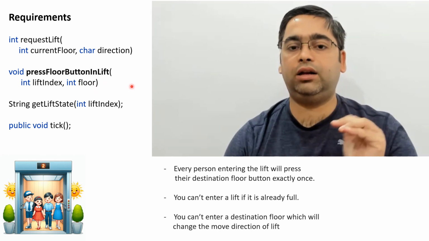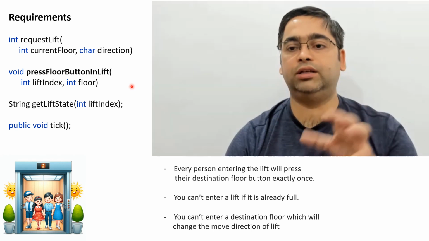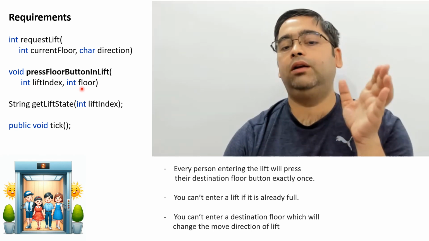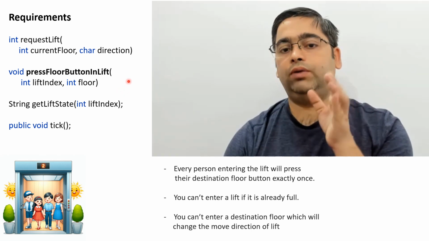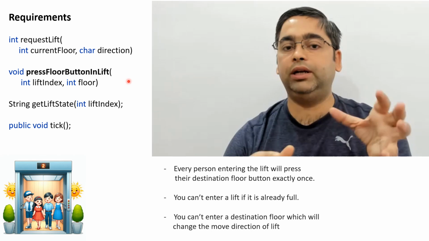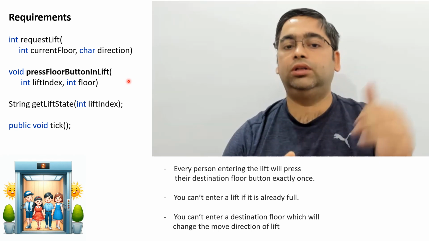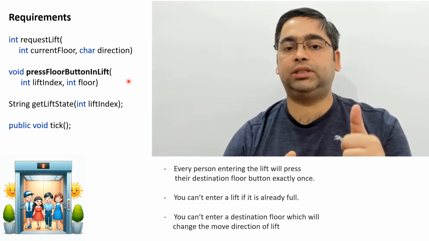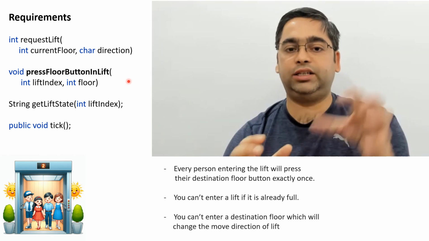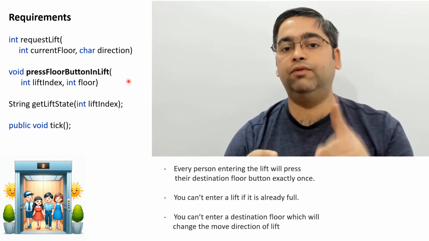Now again, there are a few assumptions to consider here. Do not worry, your interviewer will allow these assumptions. We need to accurately track the number of people entering inside the lift. So the first assumption is each person entering inside the lift will press the destination floor button exactly once.